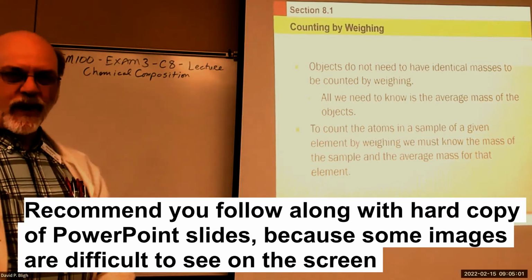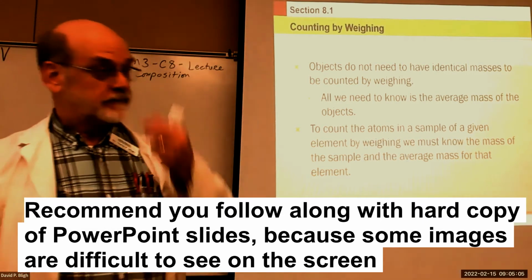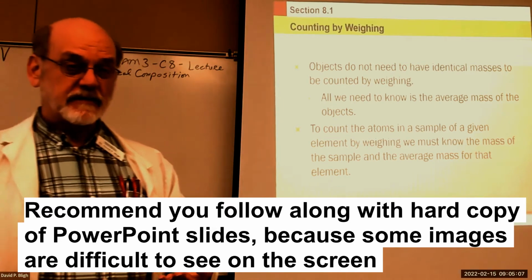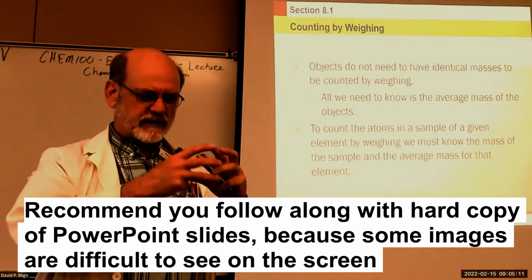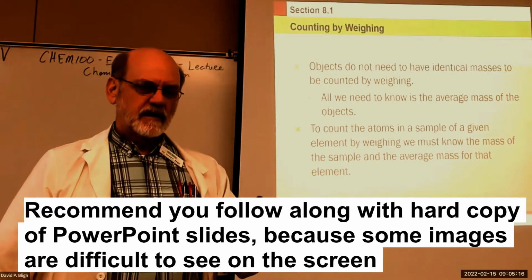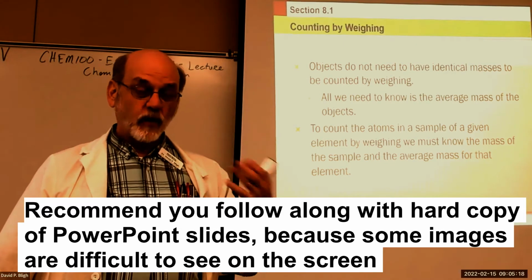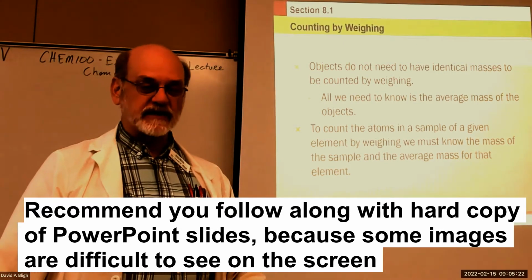So why would we have to count by weighing? Well, until recently, that's the only way we could get a handle on the number of particles in a mass, the number of atoms in a mass: by weighing it and then deducing how many atoms are contained there.